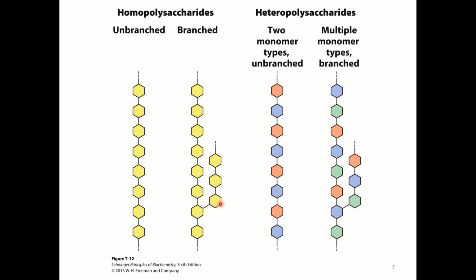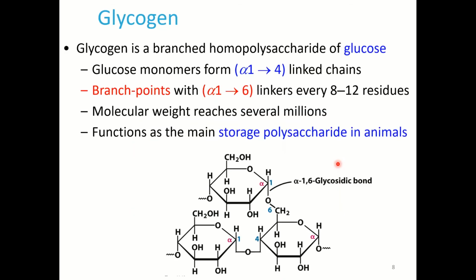Okay. So those are the examples of unbranched and branched with a homopolysaccharide. You can also have this with heteropolysaccharides, where you have different sugars, two, maybe even three sugars in the polysaccharide. The first polysaccharide that we'll talk about is glycogen.